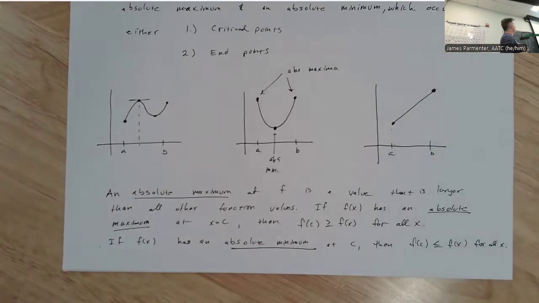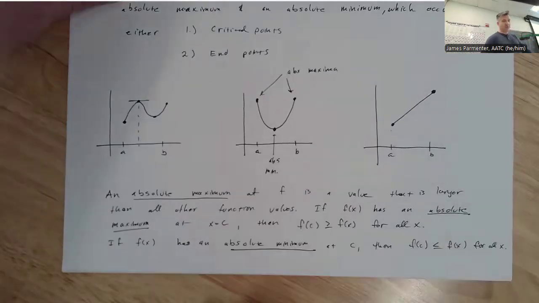So one thing we often like to talk about with this extreme value theorem is finding any absolute extrema on a closed interval. Let's look at a couple of examples.